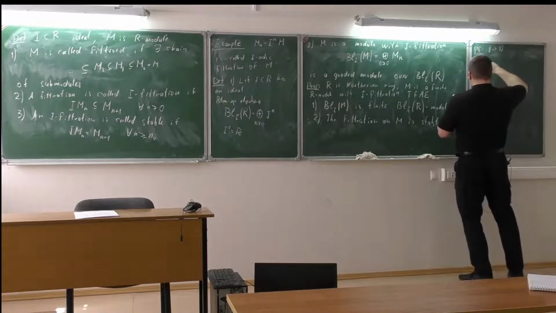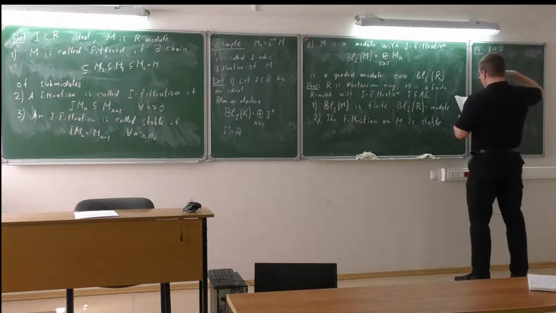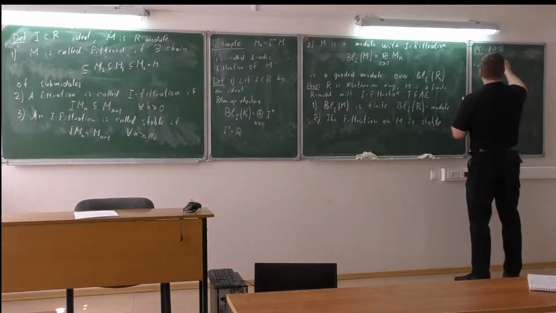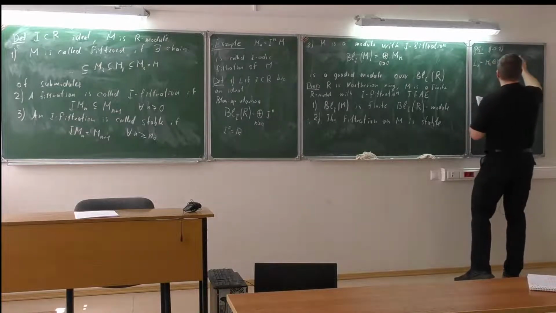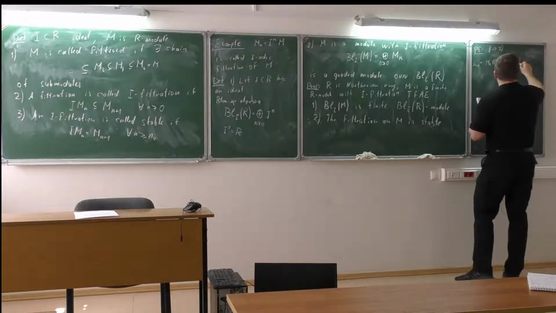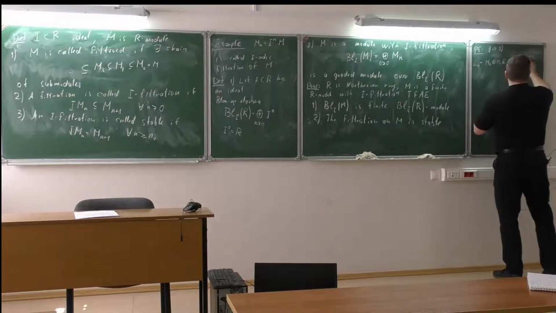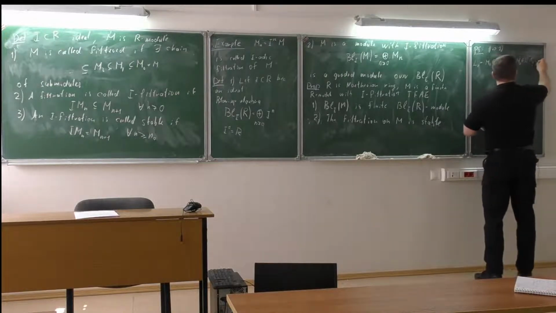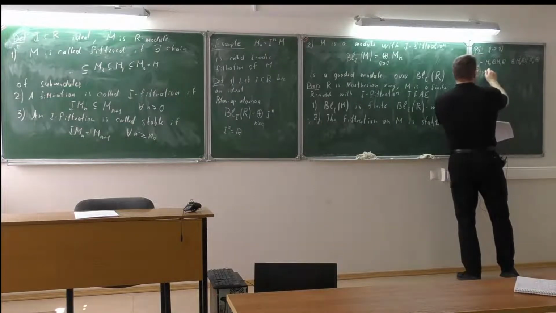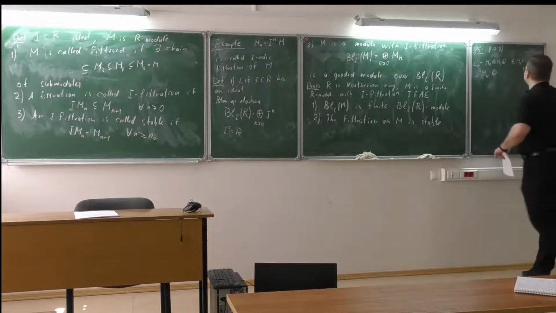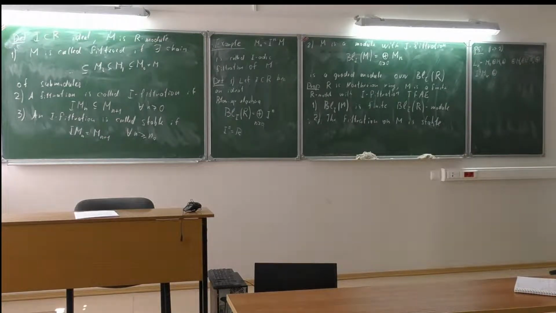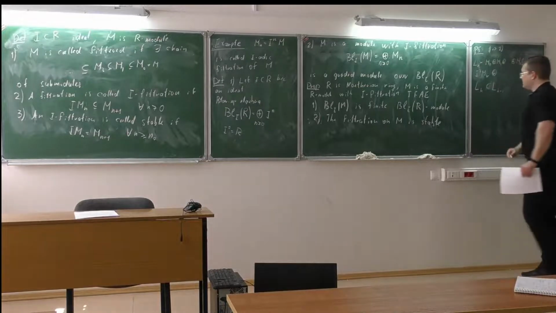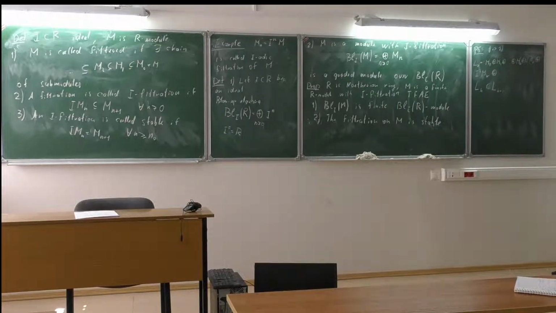So let me define a chain of submodules in the blow-up of M. So L_k is by definition M_0 direct sum M_1 direct sum, etc. Then I get to the position M_k, and after that I multiply M_k by I. So this will be I M_k plus I squared M_k, etc. Now that's clearly a chain of submodules, right? So L_k sits inside L_{k+1}.